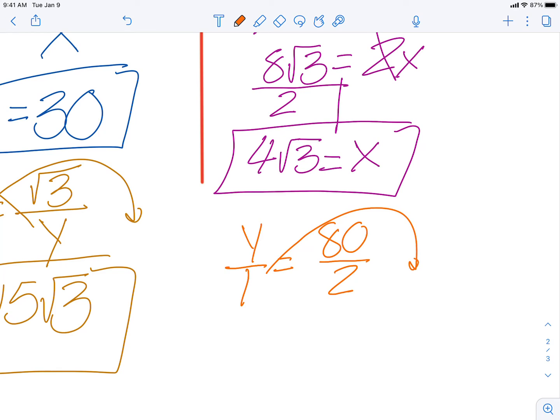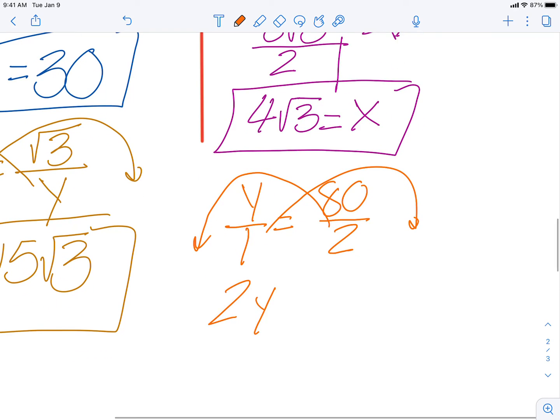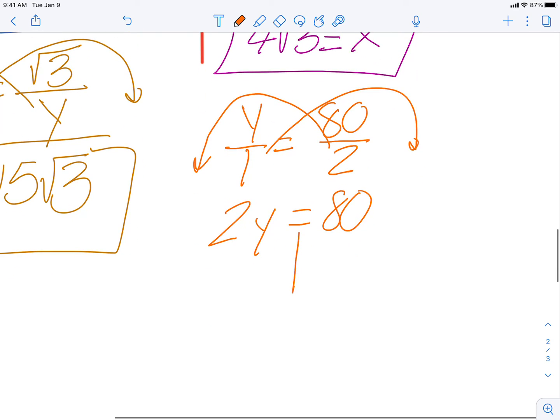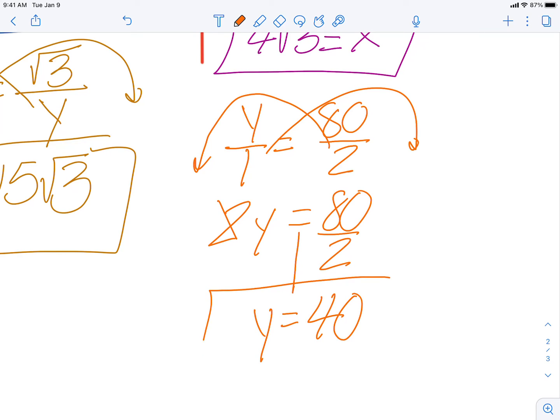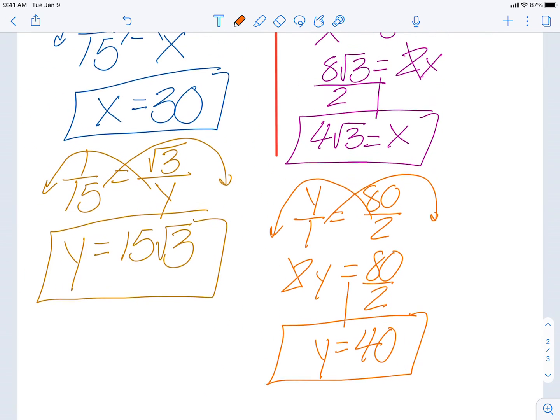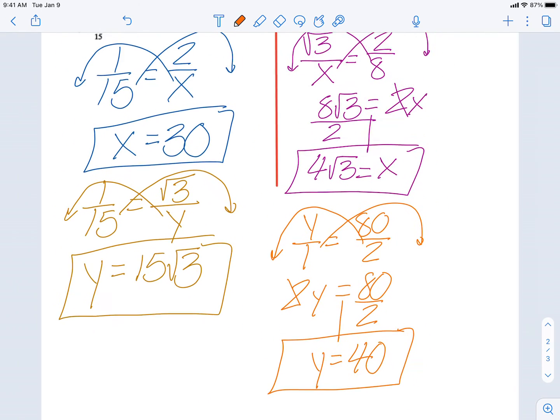Cross multiply. 2 times y is 2y. 1 times 80 is 80. The opposite of multiplying by 2 is dividing by 2, and y is equal to 40. And that, kiddos, is our solution. Look at that.